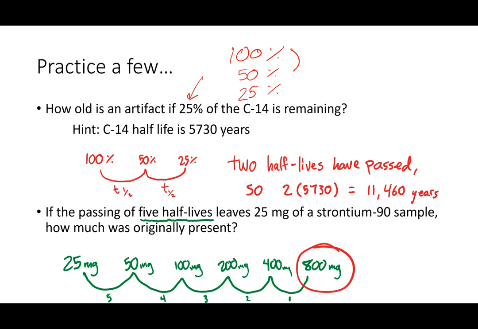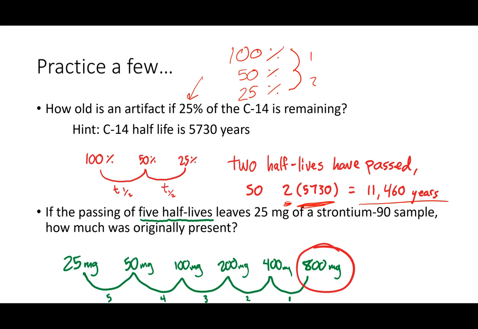So that would be 2 half-lives, and that's what's shown here. If you start with 100%, 2 half-lives have passed, so you take that 2 and you multiply it by the known half-life, which is 5,730 years, you'll end up with 11,460 years. All right?